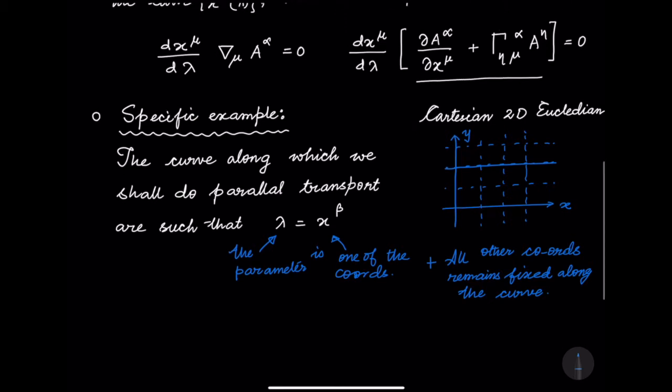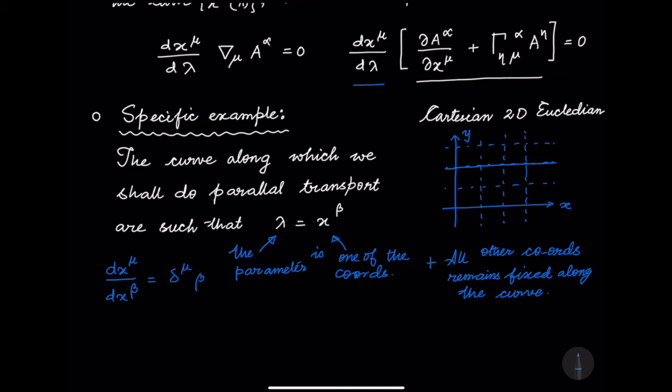Now, if I do that, let's see what happens to this expression. This expression, which is dx^mu/d lambda, is now dx^mu/dx^beta. What is this? Well, this is a full derivative, not a partial derivative, but you see that x now only changes along one of the coordinates. So in this particular situation it is a partial derivative.